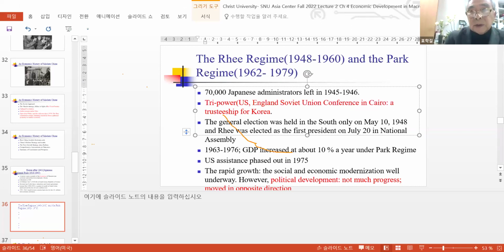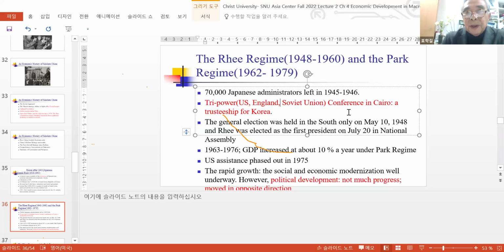So from England, Churchill, Soviet Union, Stalin, and the US, President Roosevelt, attended this conference. And they agreed upon trusteeship for Korea, assuming that Korea cannot be run by itself. Someone has to take care of a newborn baby, like infant country.